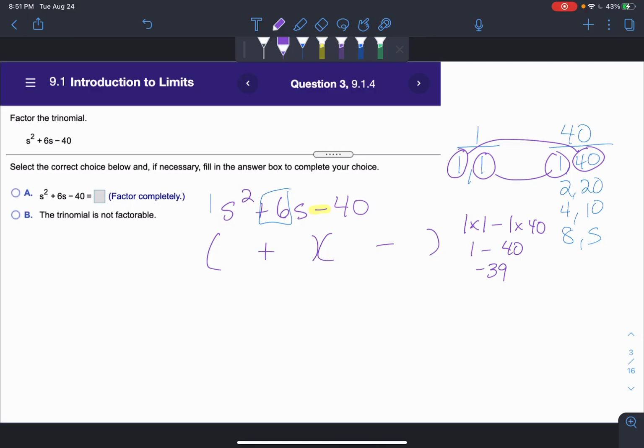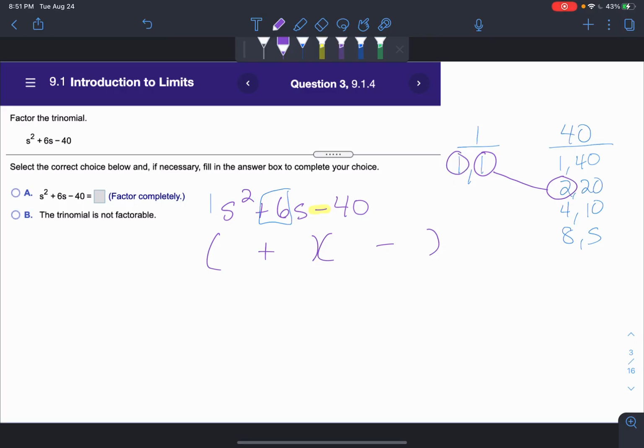That's not positive 6, so let's look at a different pair. Now let's do 1 times 2 and 1 times 20. If we do 1 times 2 minus 1 times 20, we get 2 minus 20, which gives me negative 18.